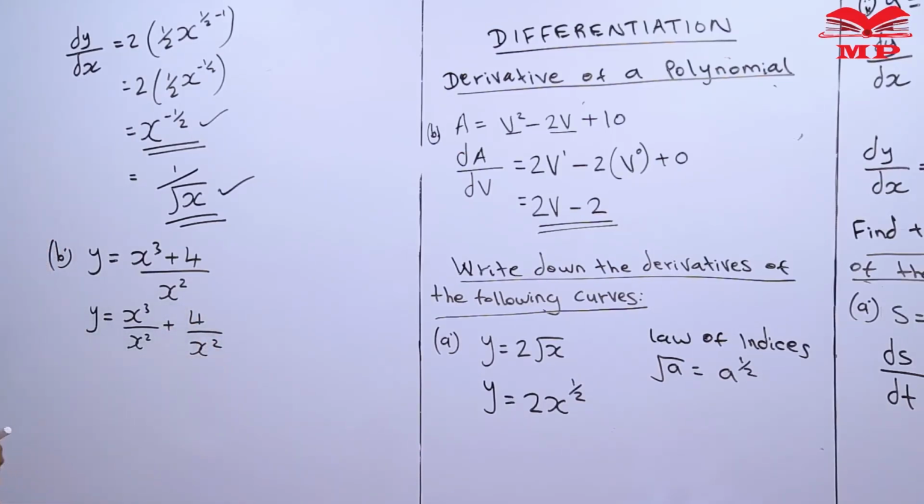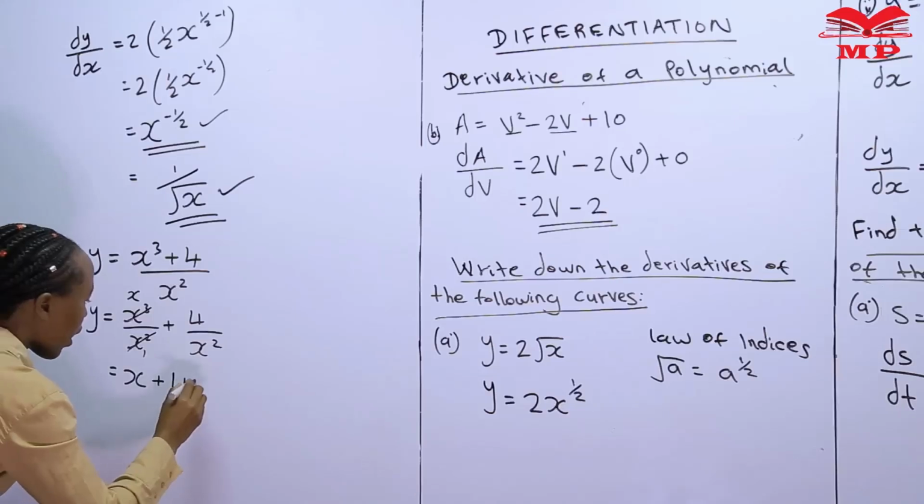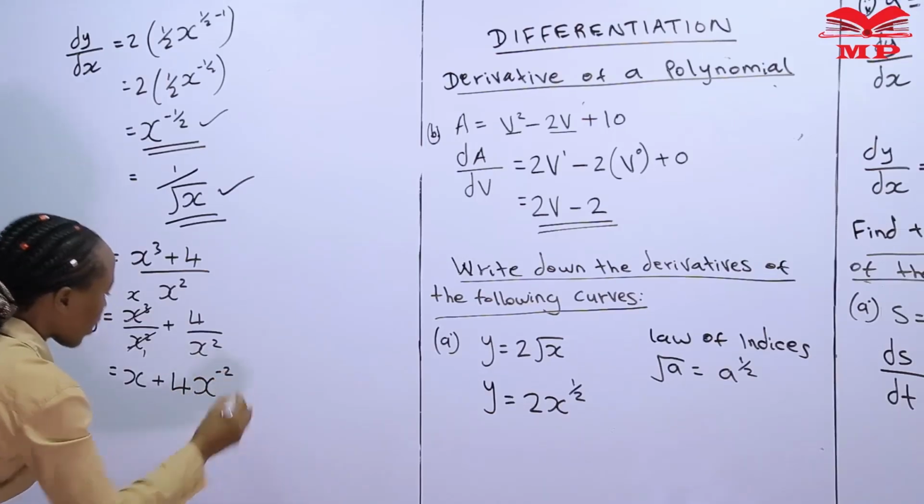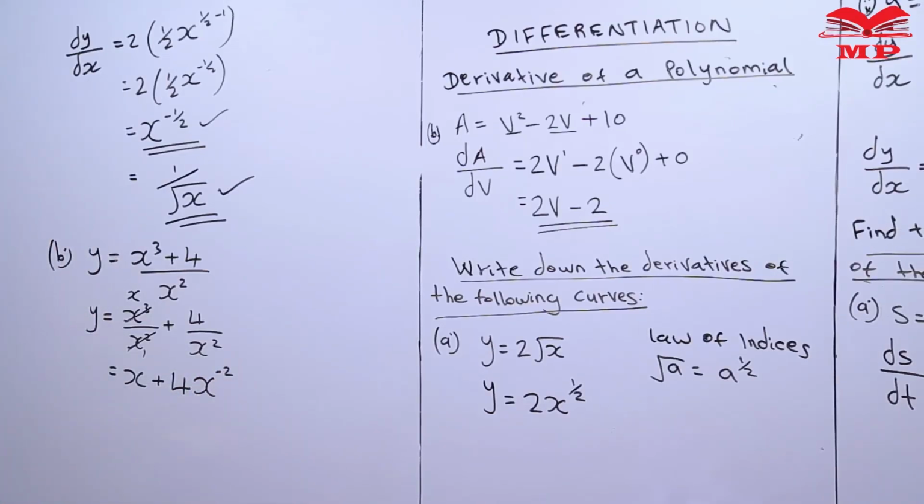So you can cancel x squared, and you remain with x alone. So this means you have x power 1, then plus 4 over x squared is the same as 4x raised to power negative 2. From the law of indices again, this is our y.